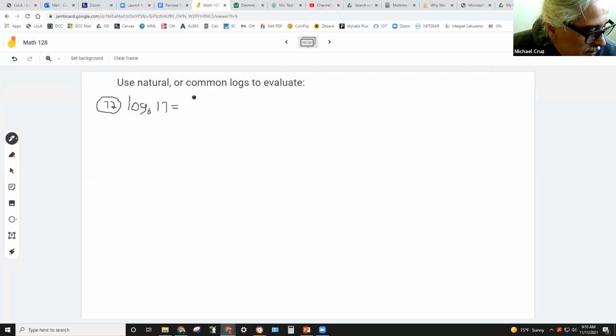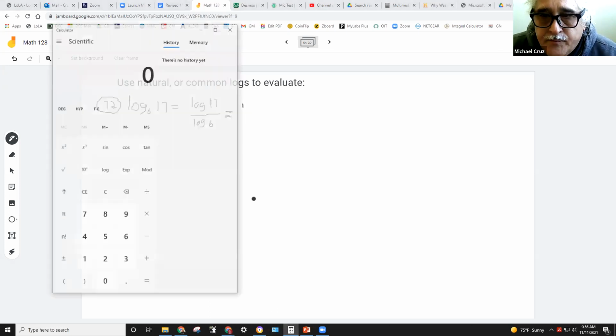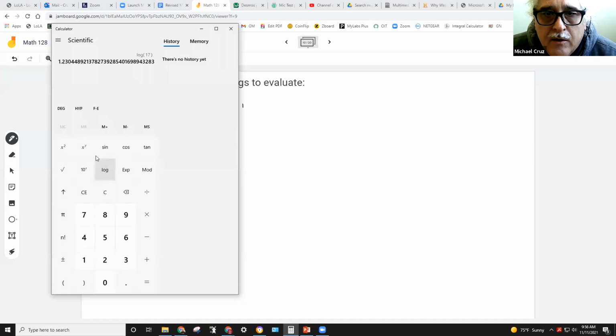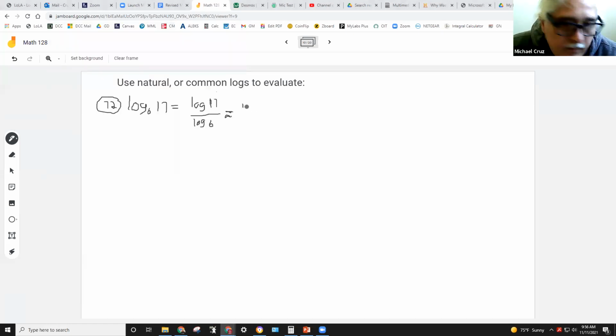I'm going to use the common log. And then I'm putting the squigglies because this is an approximation now. It's 1.2, and just to show you how I'm getting it, remember, 17, and then you hit the log, and that's 1.23.